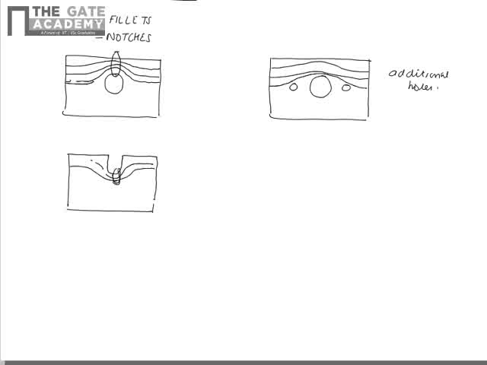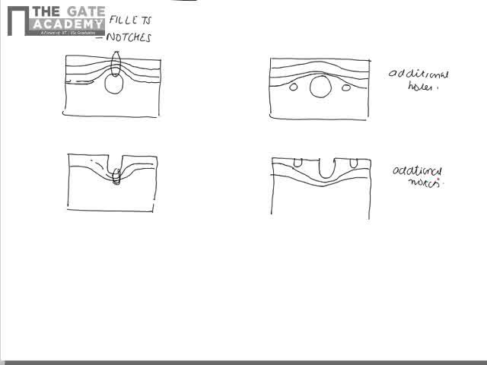Same as with circular holes, here also we provide additional notches on the surface. This is the main notch available. We put additional small notches near the main notch so that we are slightly deviating the stress contours and reducing the effect of the change in stress contours. The stress contours get a smooth turn near the notch. This is by providing additional notches.